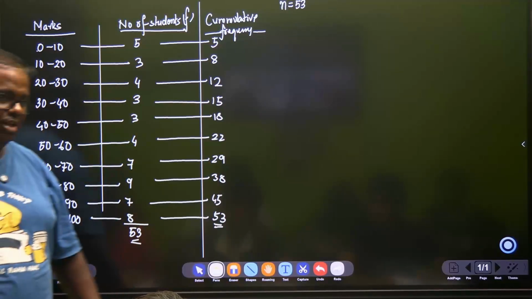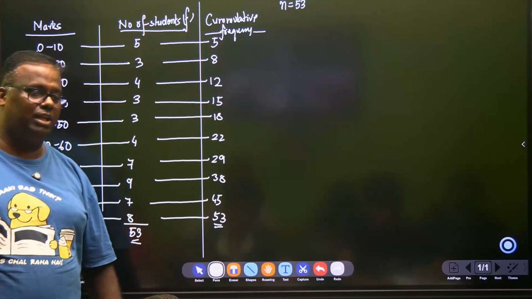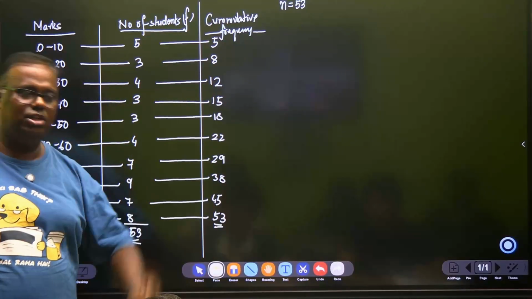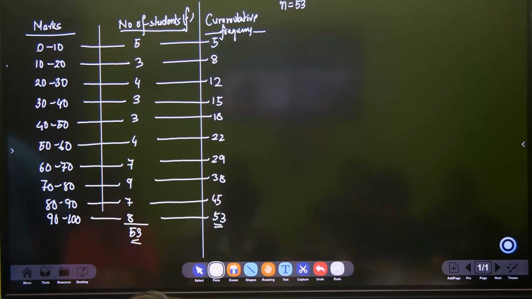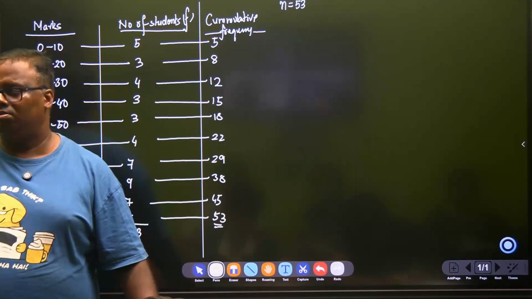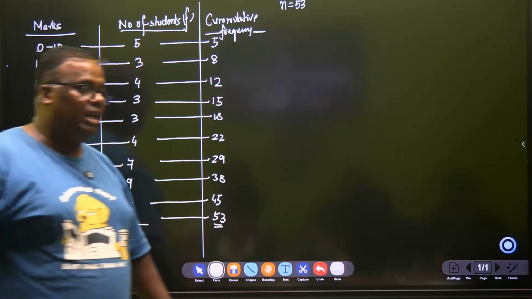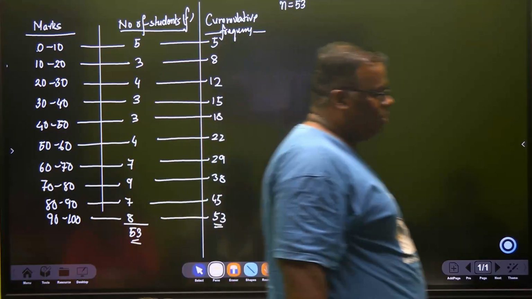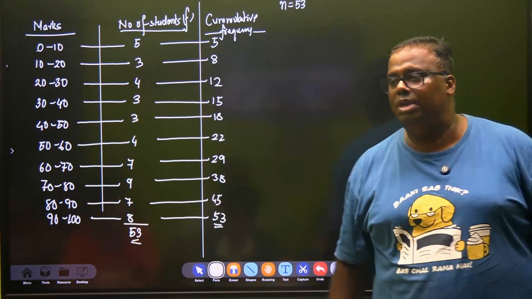So how many data points do I have? 53. What is my midpoint? My midpoint will be 53 plus 1, 54, divided by 2, which is 27. Agreed? That is my classical approach, where I will say that the 27th student's mark is the median.